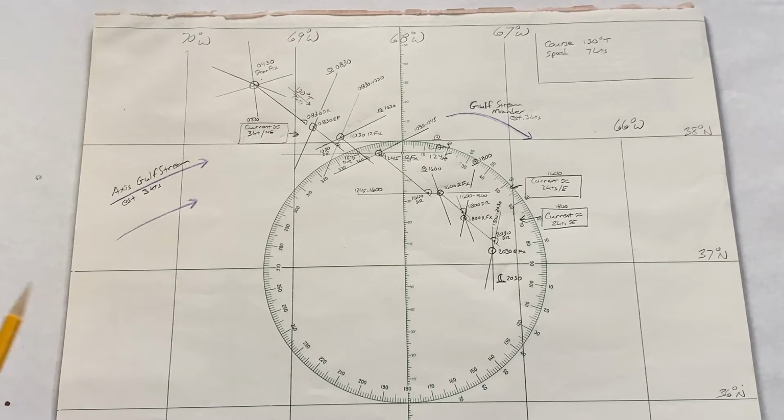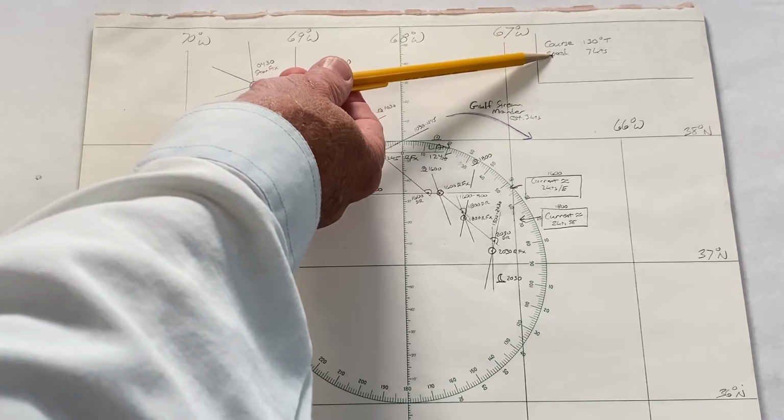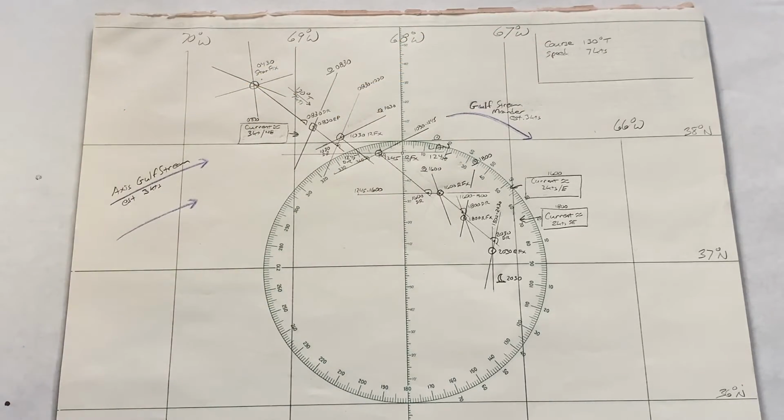All right, so here we have a made-up day at sea on the plotting sheet. What I've assumed is a course of 130 true and a speed of 7 knots, which is taking us roughly this way, imagining a trip from the East Coast over to Bermuda, roughly.